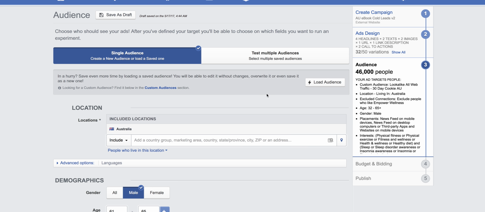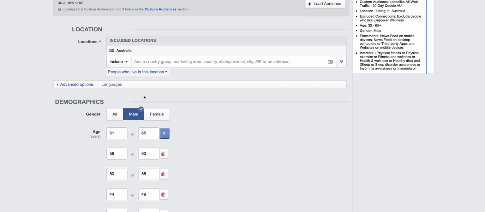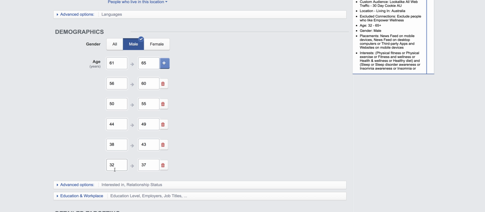Let's go ahead and take a look at this. Okay, so it went a little lower, doing it in 5-year increments. Okay, focus on males. And what this is going to do is when I run these ads, I'm going to be able to say, let's say the 44 through 49 and the 50 through 55 are the most costly and worst performing ones, whereas the rest of these age groups, these other 4, are ROI positive at 3 to 1 plus.